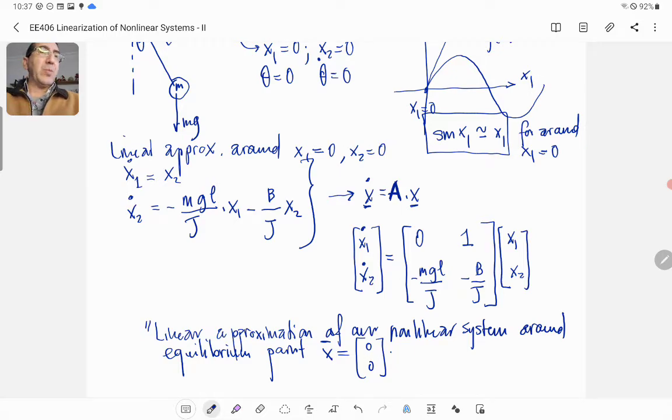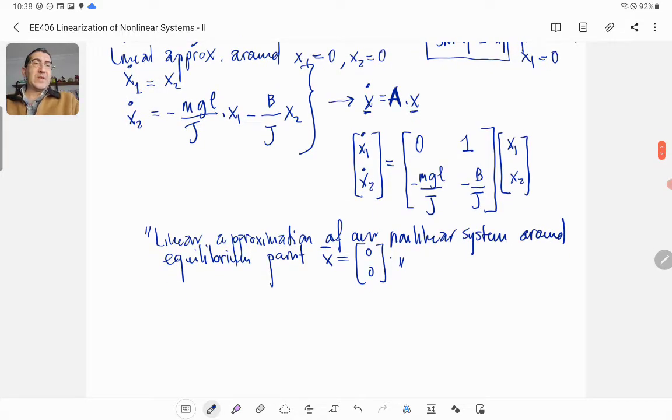So one thing which is important is that we used an ad hoc procedure to find a linear approximation. The second one is that there is no such thing as a general linear approximation to a nonlinear system. Such an approximation is always around a chosen point in the state space. So this is, at this point, heuristically obtained.